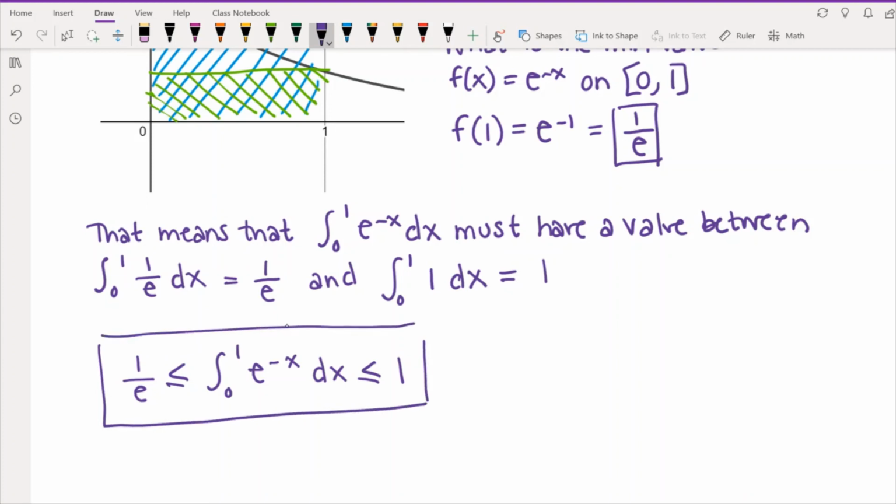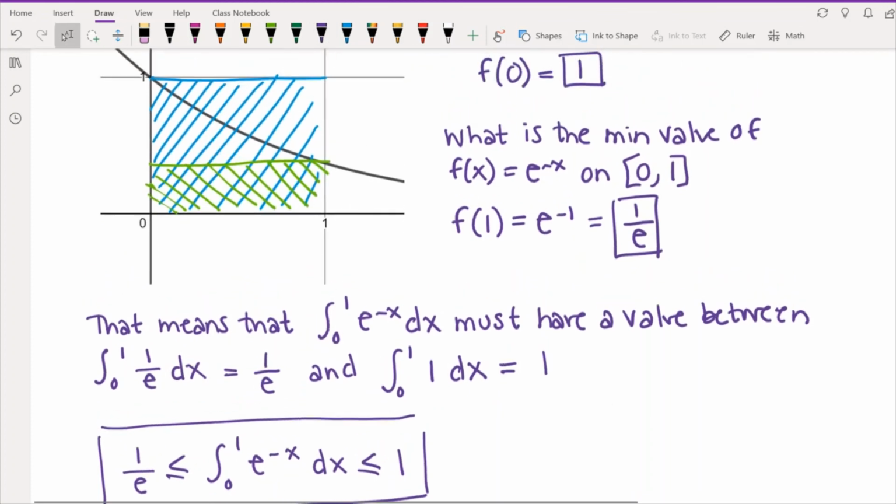And just to be clear, I don't want you to think that this and this are the same. That's just because the width of our interval was 1. So if, for example, we were doing an integral from 0 to 2, then we would have actually 2 over e and 2 here. Because where are these two numbers coming from? They're coming from base times height.